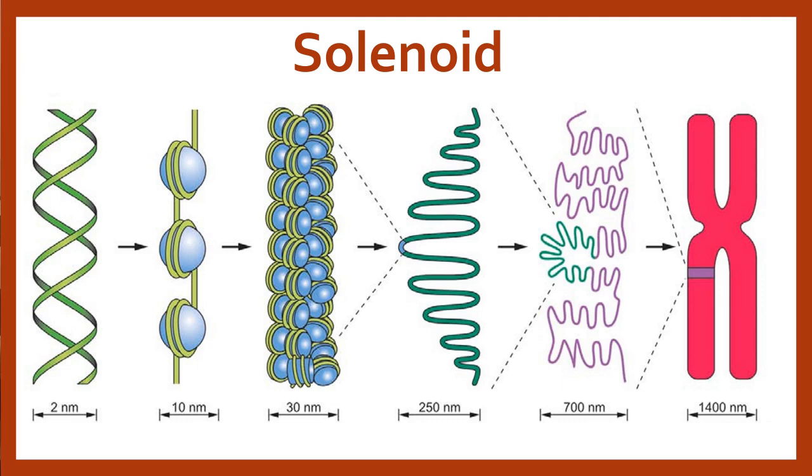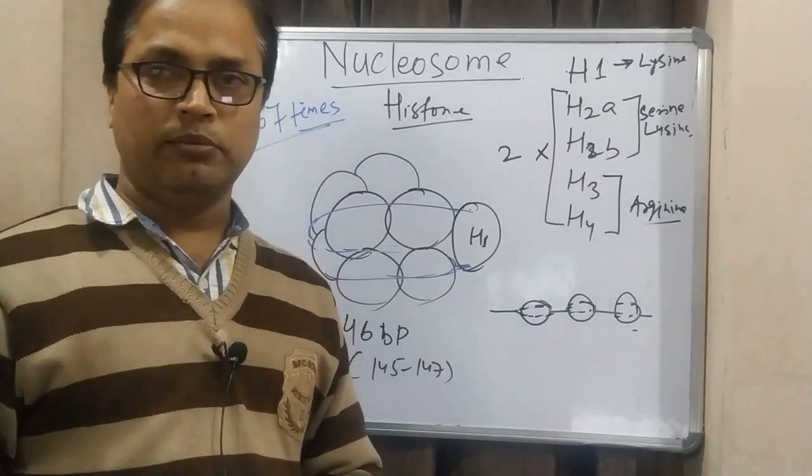This 30 nanometer solenoid structure gives you the chromatin structure, which is 250 nanometers, and this finally gives you the DNA of 1400 nanometer. So this is how DNA is arranged in the form of nucleosomes to be packed into the nucleus. This is the nucleosome model, how DNA will be arranged.